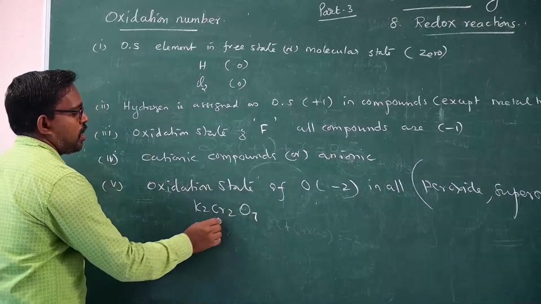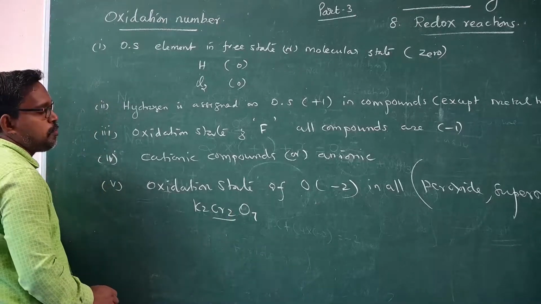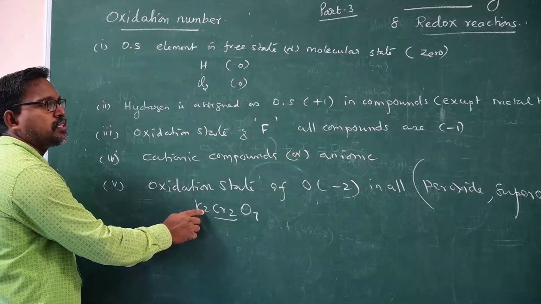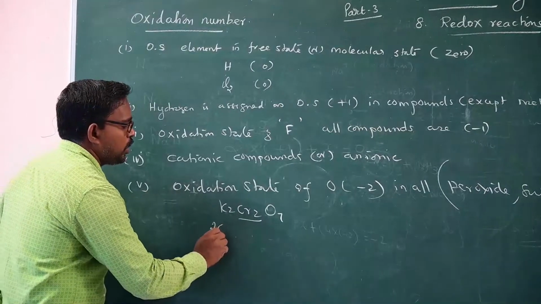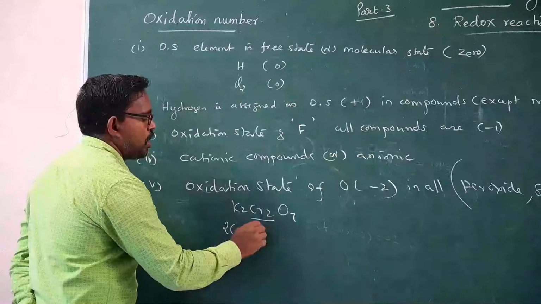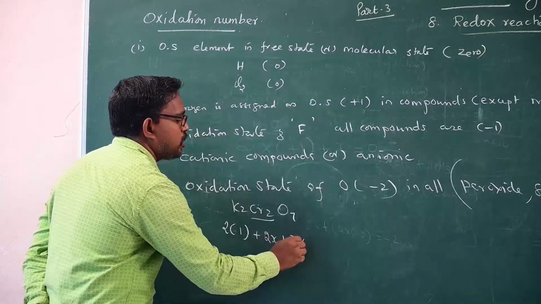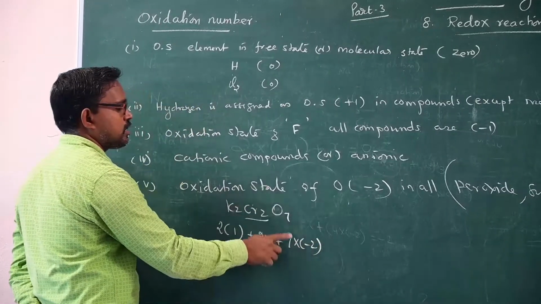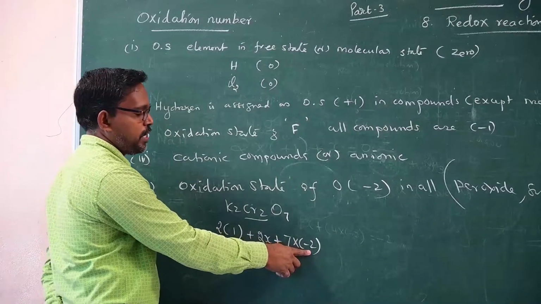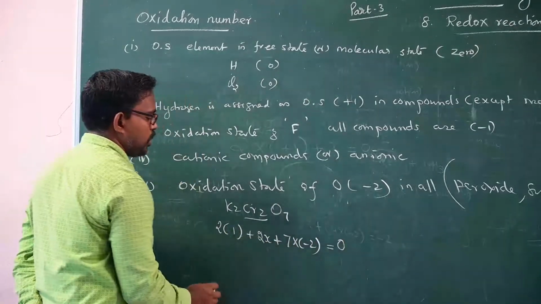For example, K2Cr2O7. We find out the oxidation state of chromium. We know that potassium K plus, 2 into plus 1, plus 2 chromium, 2x, plus 7 into minus 2. Oxygen is assigned the oxidation state of minus 2. That is equal to 0.